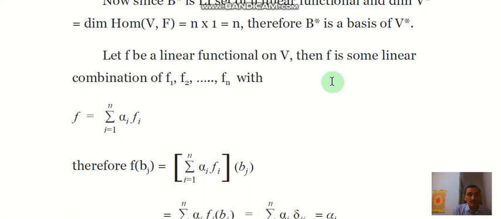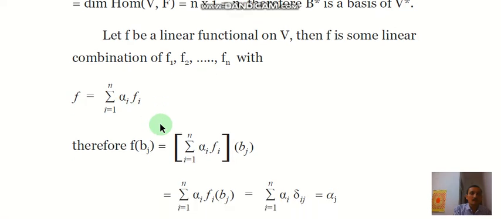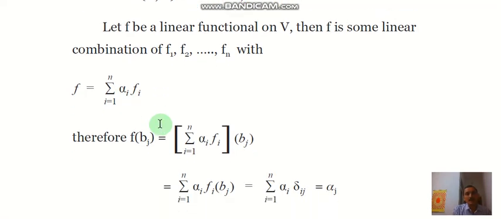Next we see the coefficient expression of the linear functional and a vector. So first, f is some linear functional on V, and as B star is a basis, f can be expressed as a linear combination of f1, f2 and so on up to fn. Therefore f equals the summation, i varying from 1 to n, of alpha i fi, and now we calculate these alpha i.